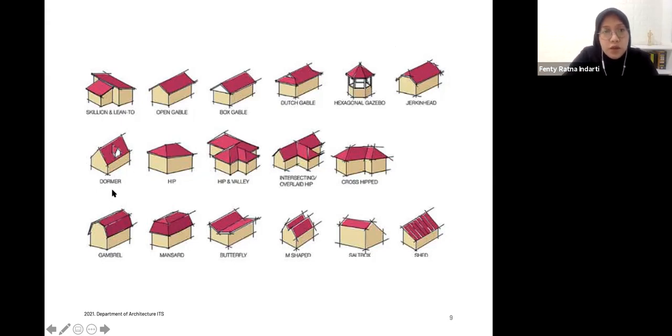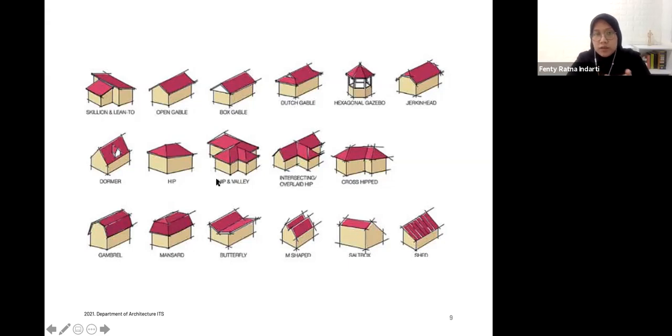And then you have dormer. So dormer is like this. I think you can see it in US or European country housing. And then you have hip, which is now becoming your assignment. And then you have hip and valley. So hip and valley is actually the combination of several hips, and then you try to maintain the balance between those two so that the rainwater is not collected into one side.